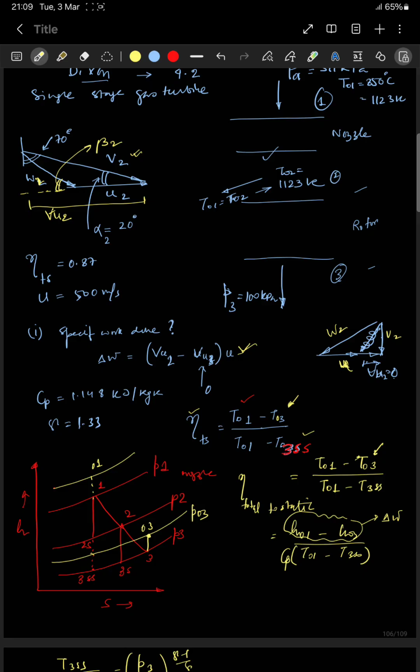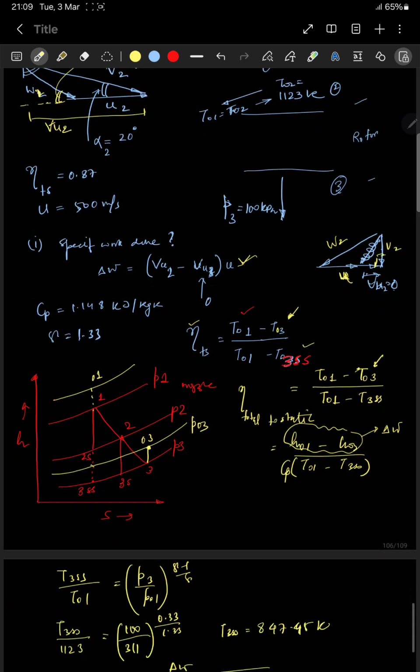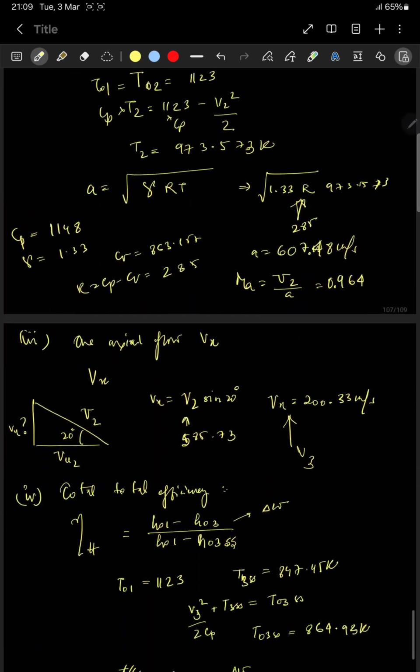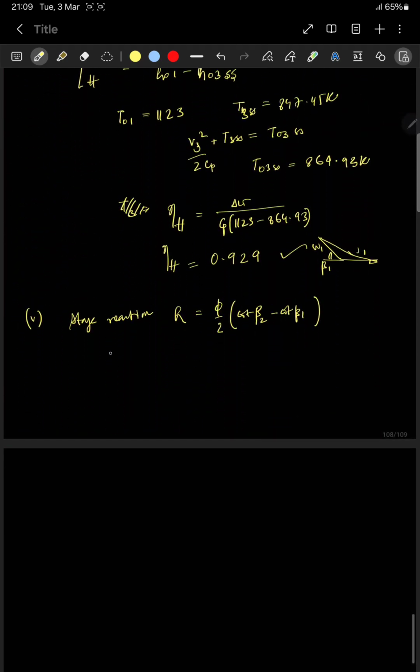So we can change both these angles to alpha because both alphas are given, right? This is 90 degree and this is 20 degree. So to change this to alphas, how to do that? R equals 5 by 2 WU2 by Vx minus WU1 by Vx.